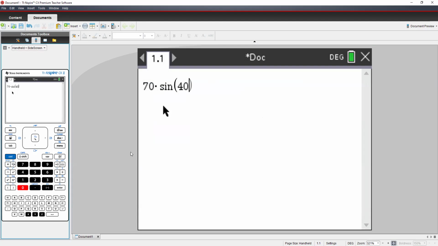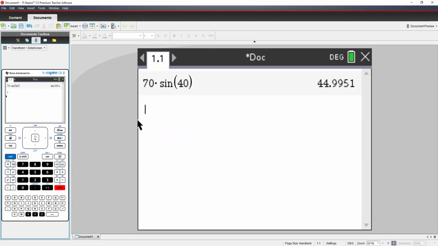You do not have to put the degree sign since your mode in your calculator is in degrees. And when you hit enter here, we see that it is 44.9, what did it say, 2 places? Okay, then that actually makes it 45.